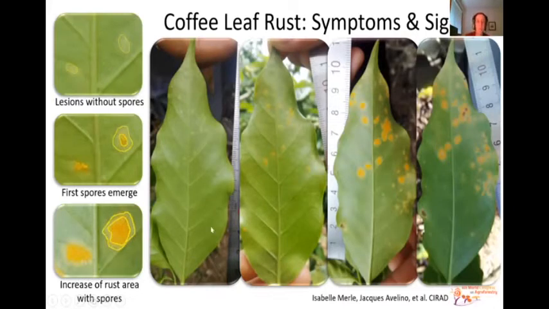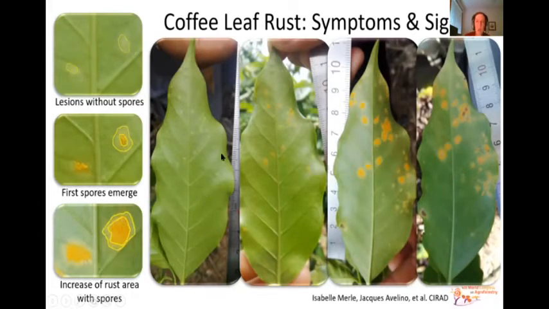This is what is considered minimal, but the start of infection. And you can see it's tiny chlorotic spots right at this stage. Especially if you held the leaf up to the light, you would see these small chlorotic spots, but there's no spores yet. That's what you're looking at here at the top left.